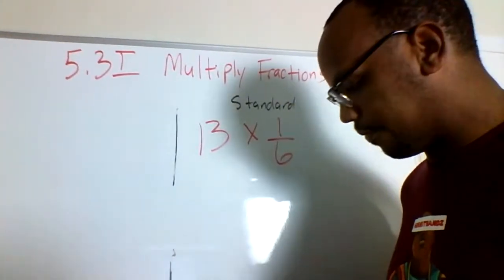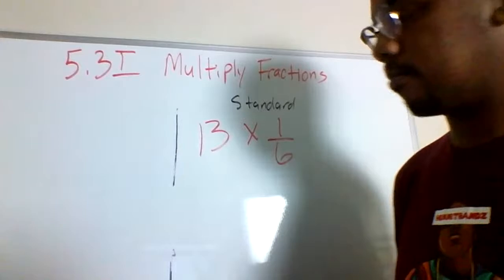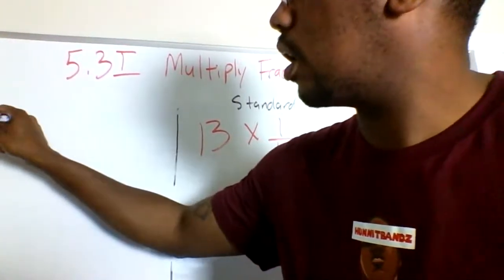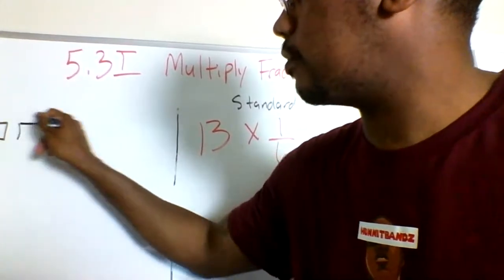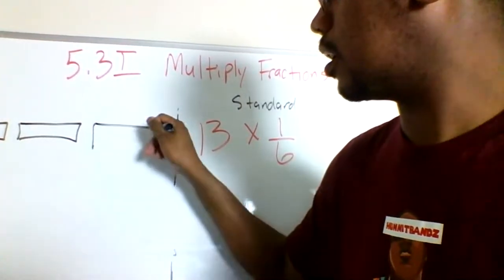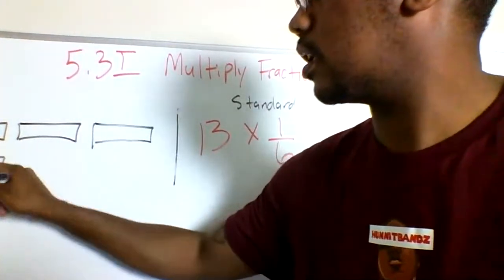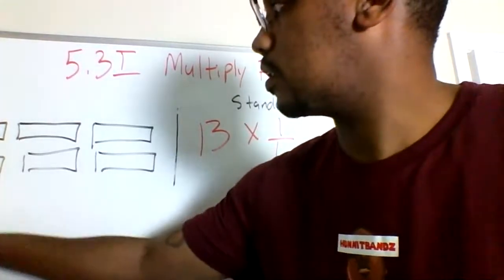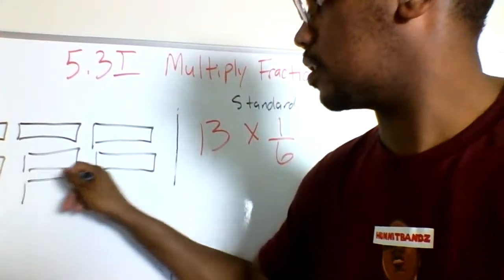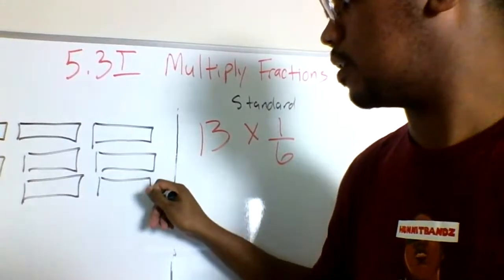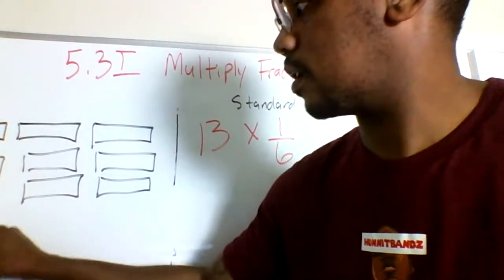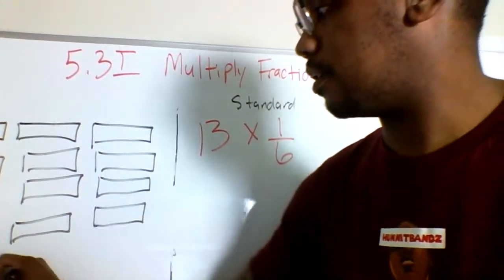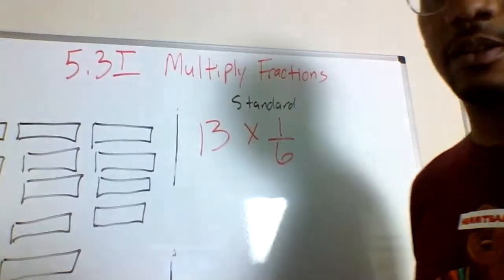In pictorial form, each rectangle represents a kid, so I need 13 of them. 3, 4, 5, 6, 7, 8, 9, 10, 11, 12, 13.